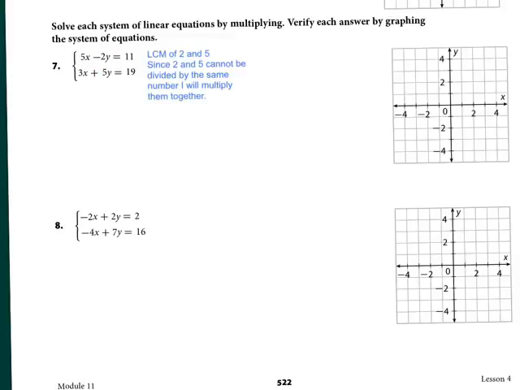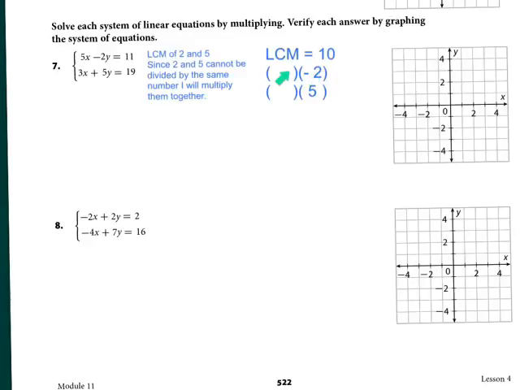Now, since 2 and 5 cannot be divided by the same number, I will multiply them together. So 2 times 5 gives me 10. I need to decide what I'm going to multiply both of my numbers by. So if you notice here, I am trying to multiply the negative 2 by a number.